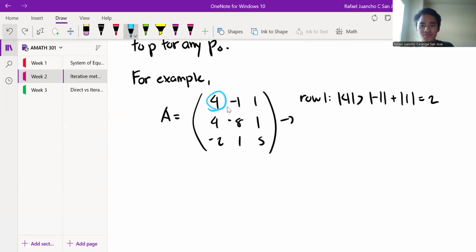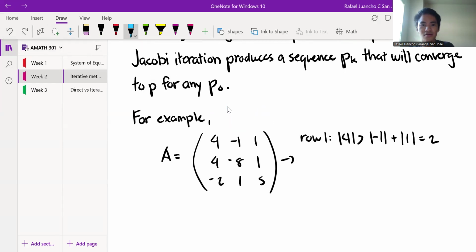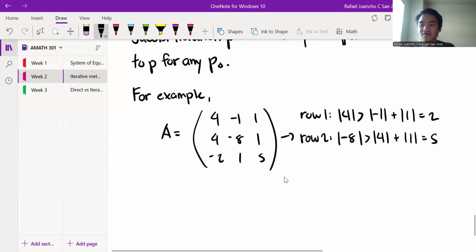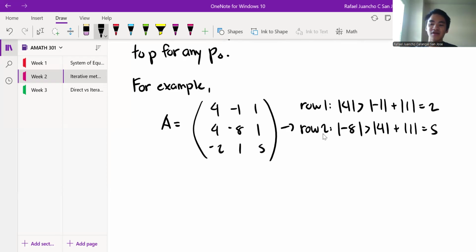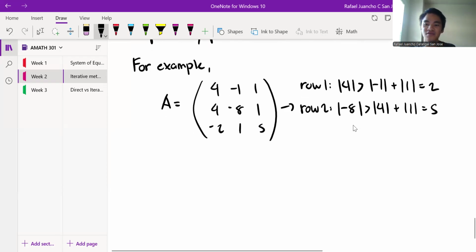So that's true, right? Now we look at row 2. What's the diagonal term here? The diagonal term is -8, so that's what we put in here. Is it greater than 4 plus 1? Well, yes, because 4 plus 1 is 5. The absolute value of 8 is greater than 5, so that's true.